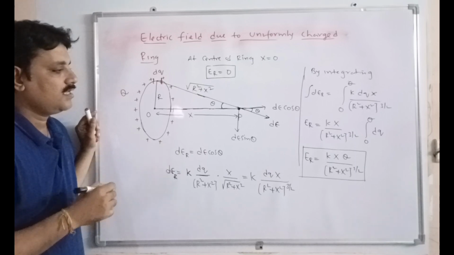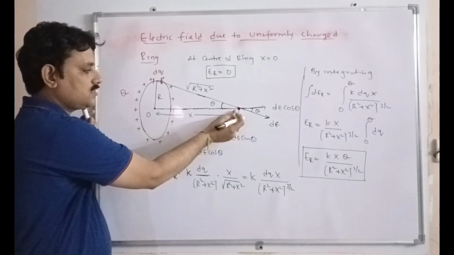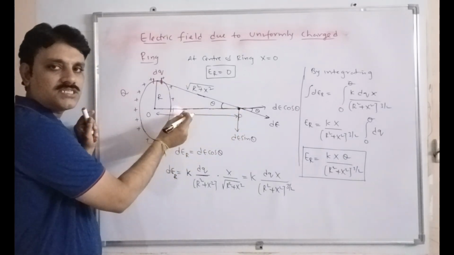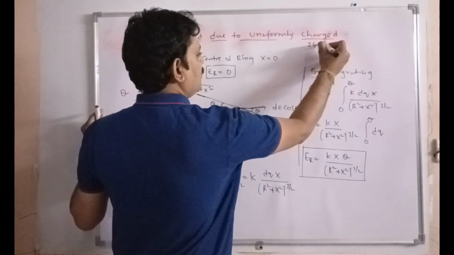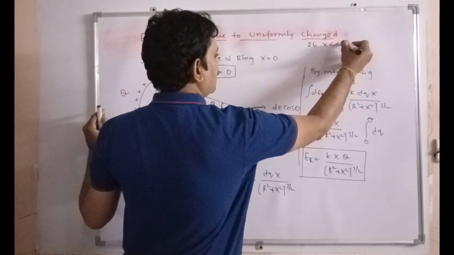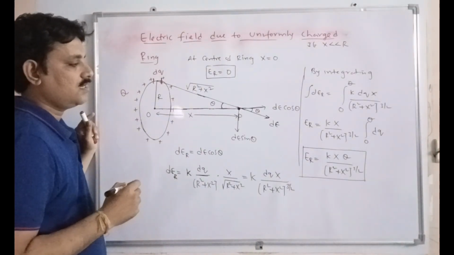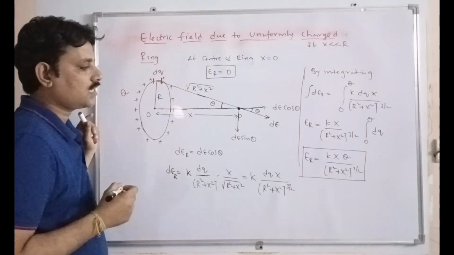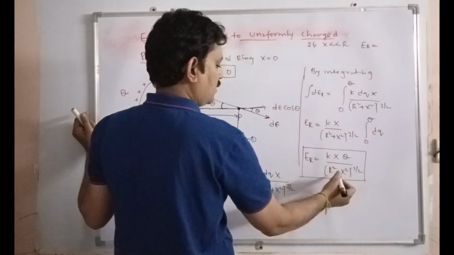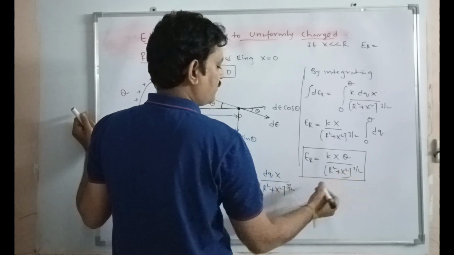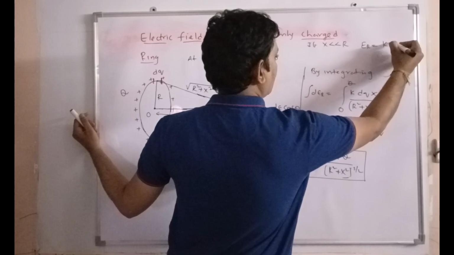Similarly, if x is less than r, that means the point we choose is very close to the center of the ring. In this case we neglect the value of x while comparing with r, so E is equal to, if you neglect the value of x, r square whole power 3 by 2, that is r cube.